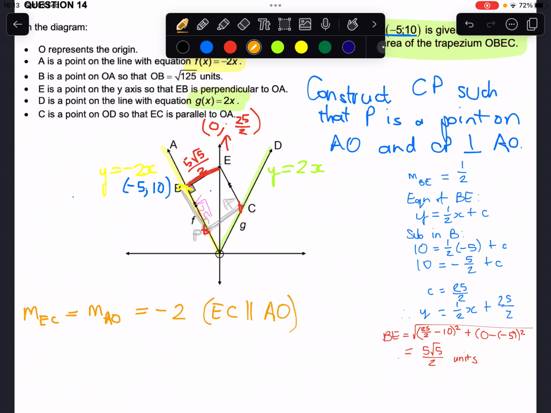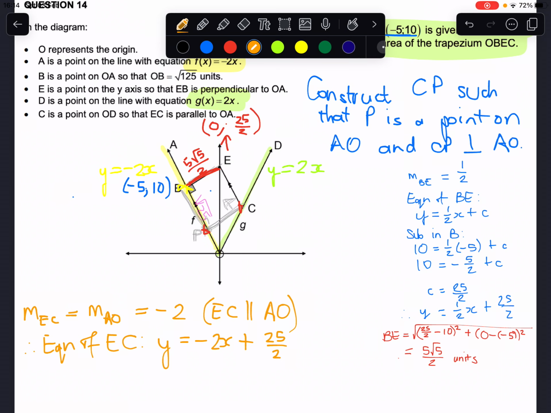And so we know that the equation of EC is going to be y equals -2x. Oh, and we have the y-intercept, perfect. The y-intercept, which is E, is 25 over 2. Awesome stuff.